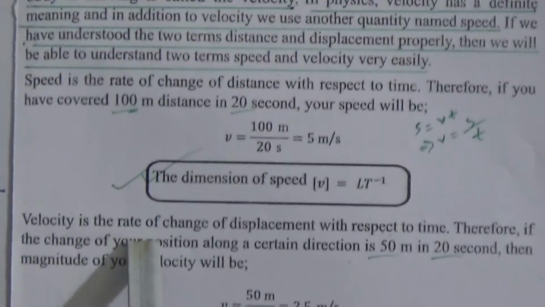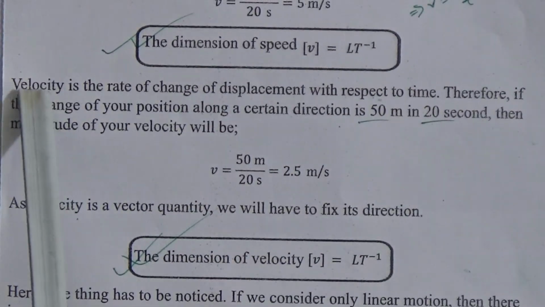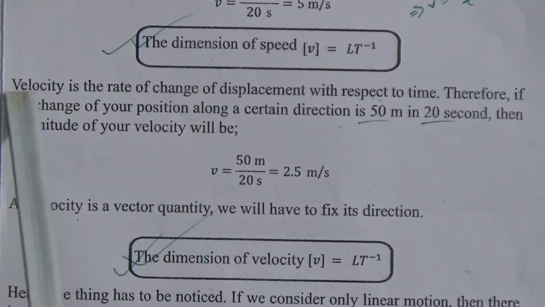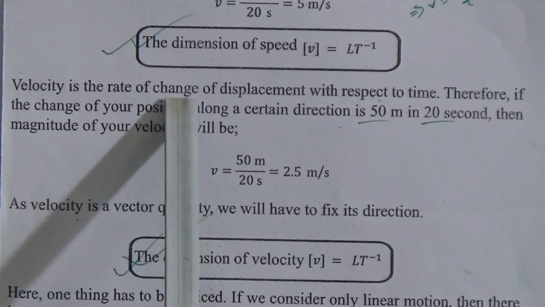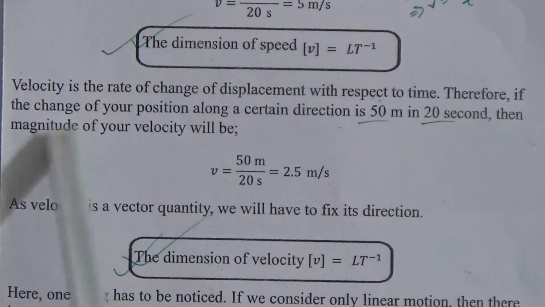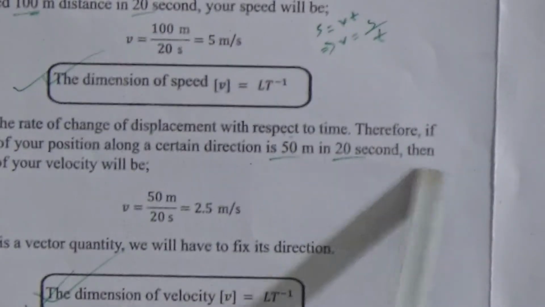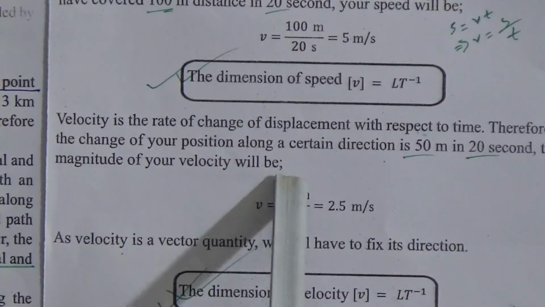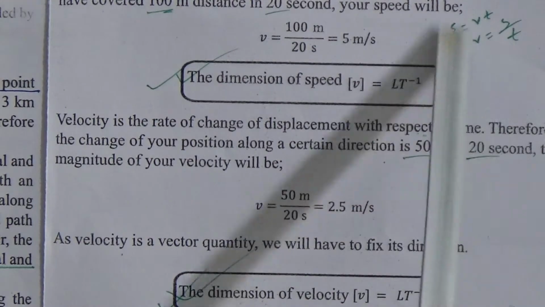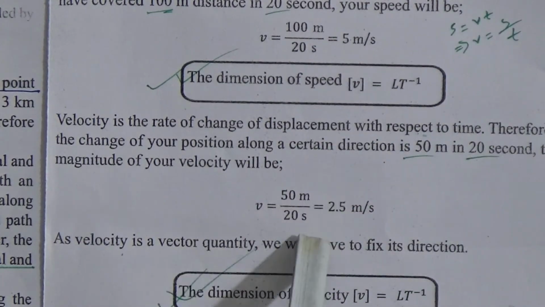Now, velocity is the rate of change of displacement with respect to time. You should underline this line. Therefore, if the change of your position along a certain direction is 50 meters in 20 seconds, then the magnitude of your velocity can be found with the formula V equals S by T, where V is velocity, S is displacement, and T is time.